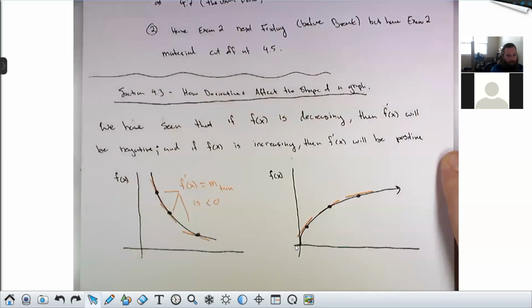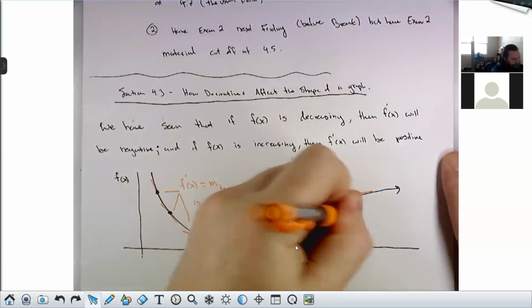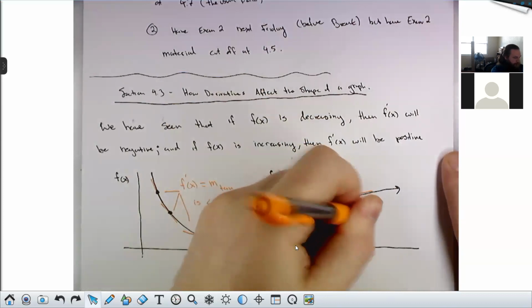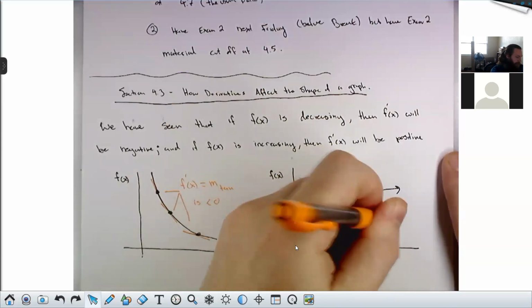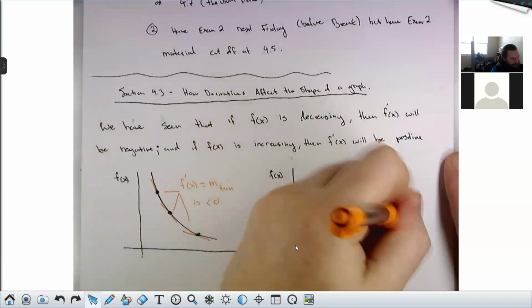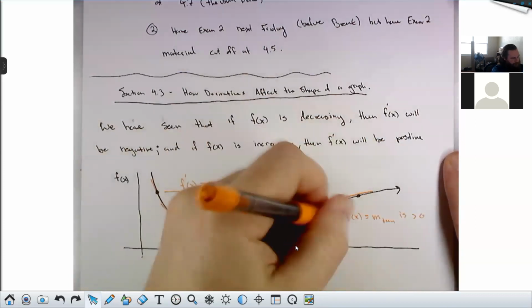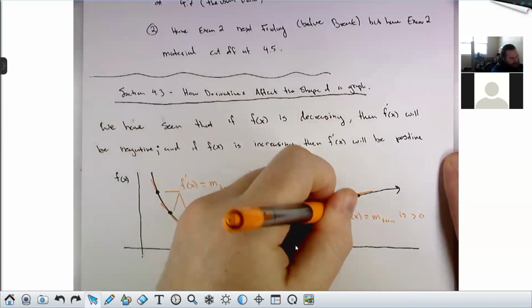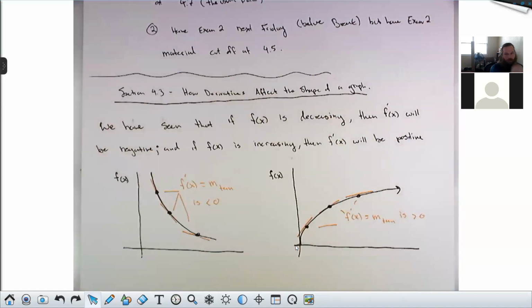These will have positive slope. Right, that's the basic idea. So if f is decreasing, then f prime is negative, and if f is increasing, then f prime is positive.